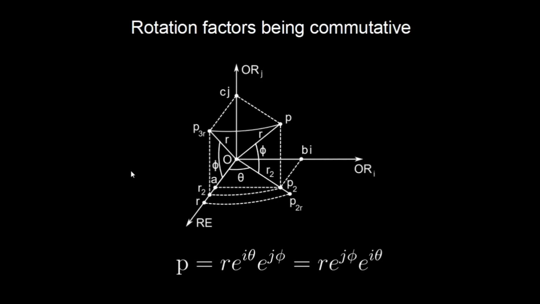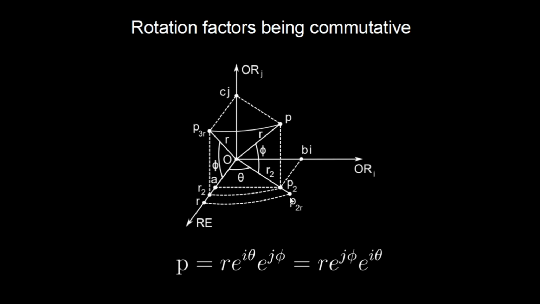Next, about multiplication commutative property of rotation factors. We will illustrate that rotation factors are commutative in the spherical coordinate system. In this figure, multiplying r with I associated rotation factor e to the power I theta makes the point rotate to P sub 2r.